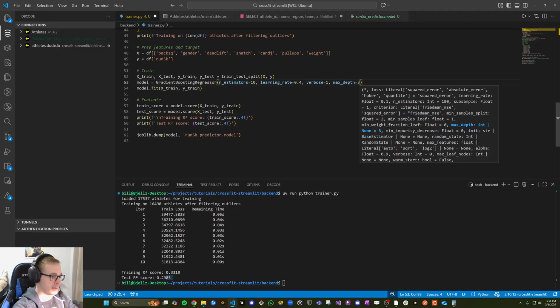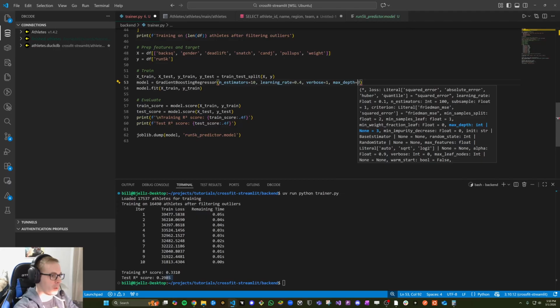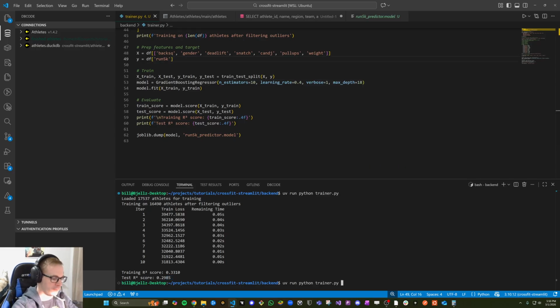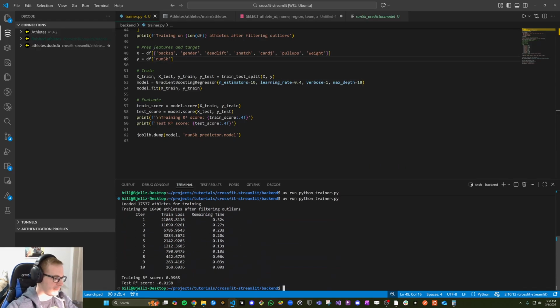So the depth is obviously the number of follow-up questions that you're asking here. If we use 18, which makes it very, very specific, and then run it, then our training R2 is explaining over 99% of the variation in the data, which is great.